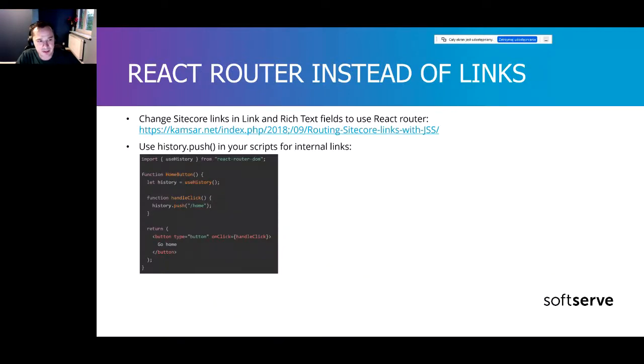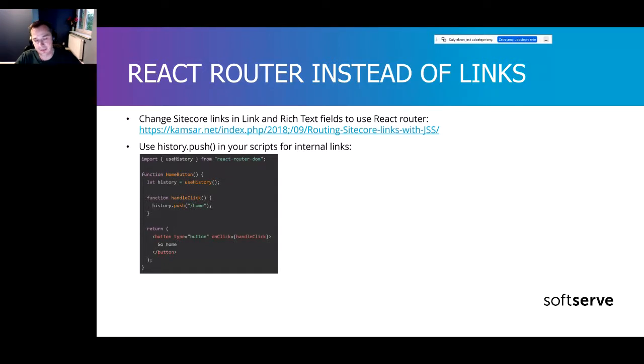So a few details about using this React router instead of the standard thing. To be honest, I'm wondering why this is not part of the JSS GitHub solution. It was described on the Canvas blog how you can change all your Sitecore links or the links in the rich text fields to the React routers instead of the standard links.